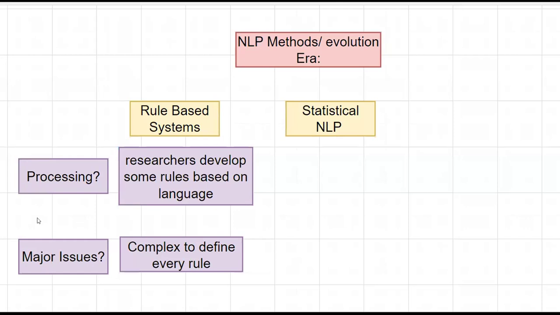Now let's understand how this model works, or how it processes the given data. If we provide some data to this type of statistical NLP model, then the model tries to predict the relationship between words in a sentence and whole sentence relationships.